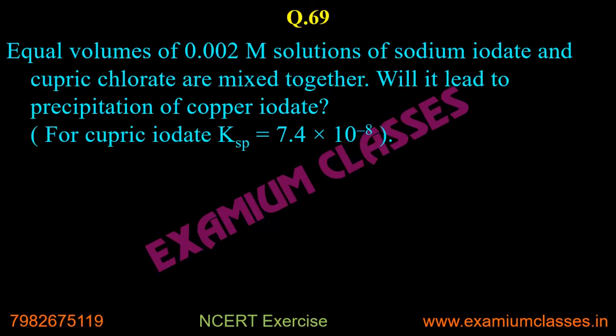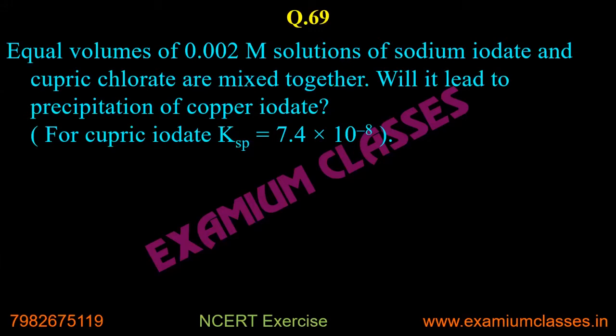Now, next question. Equal volumes of 0.002 m solutions of sodium iodate and cupric chlorate are mixed together. Will it lead to precipitation of copper iodate? First of all, you need to understand what is the condition for precipitation. We say at equilibrium, say for example, in previous case, we talked about at equilibrium, Ksp equals to something.